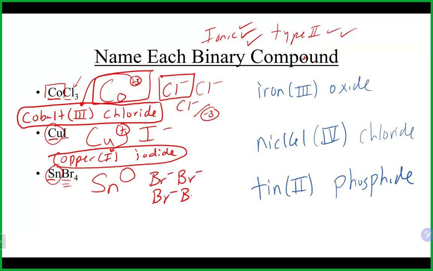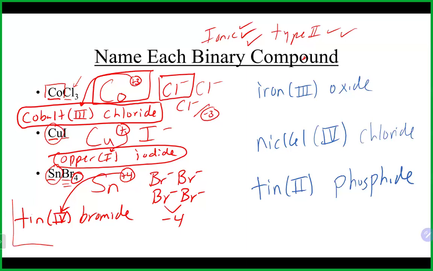And here I don't have just one of them, but I do have 4 of them. That's going to give me a -4 charge, so it has to be plus 4 to balance it out to 0. That's going to give me tin Roman numeral 4 for that charge, and once again here, bromide. Any questions on any of those names there?